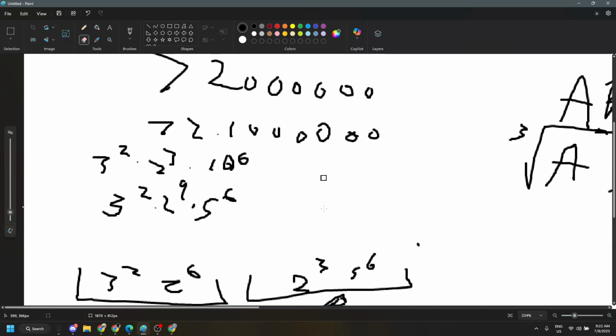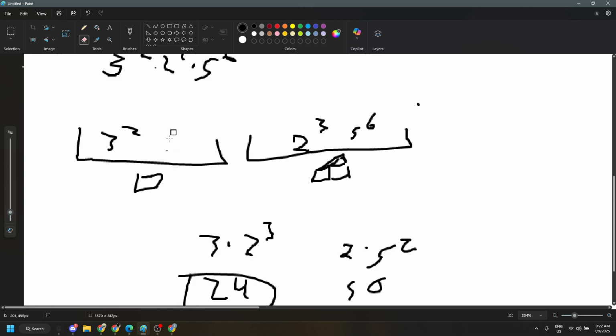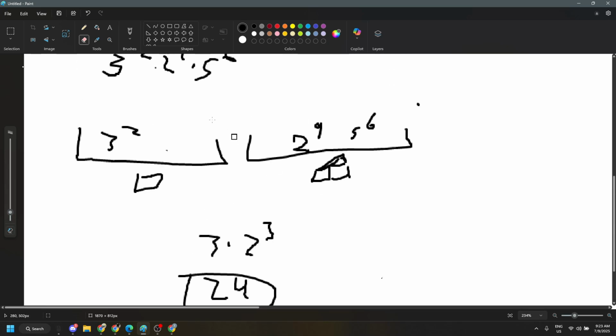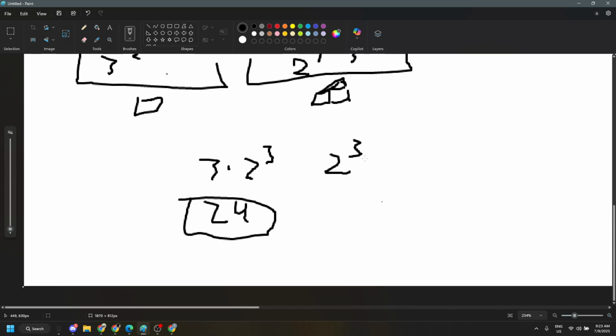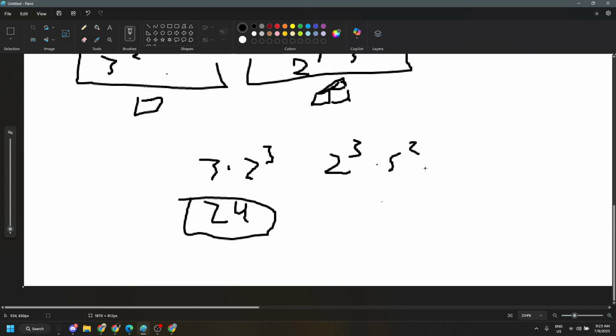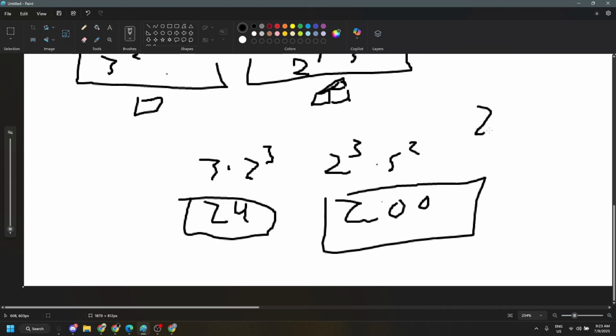The maximum value of B is when this is 2 to the 9, which would make this 2 to the 3 times 2 times 5 to the 2, which is 8 times 25, but it's also 2 squared times 5 times 10. 2 squared is 4, so it'd be 200. So the sum of these is 224.